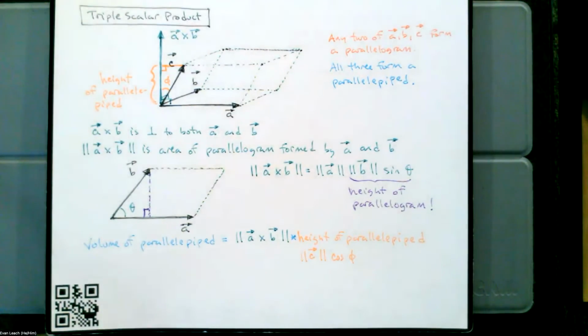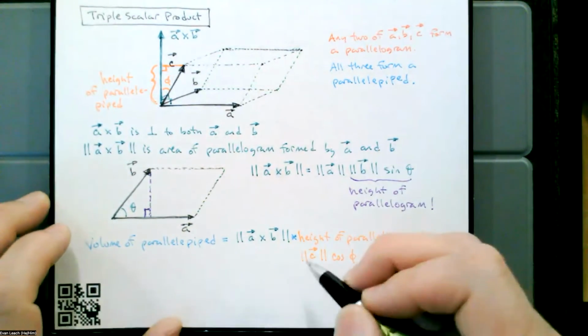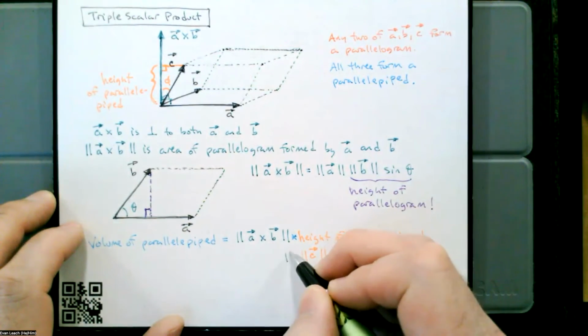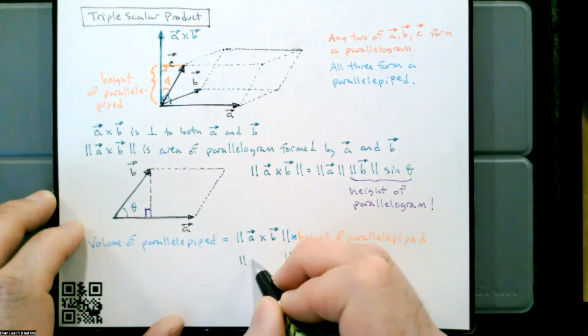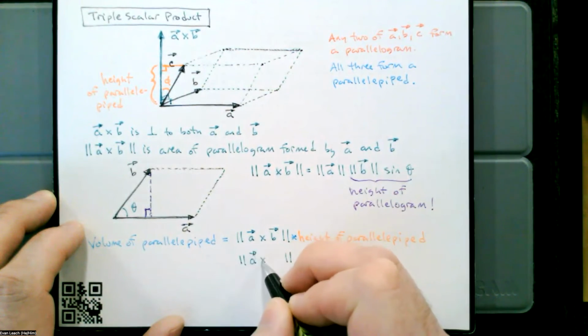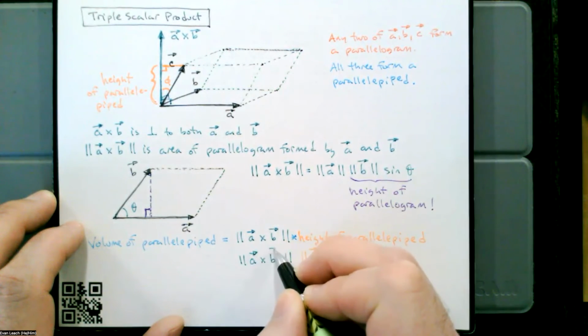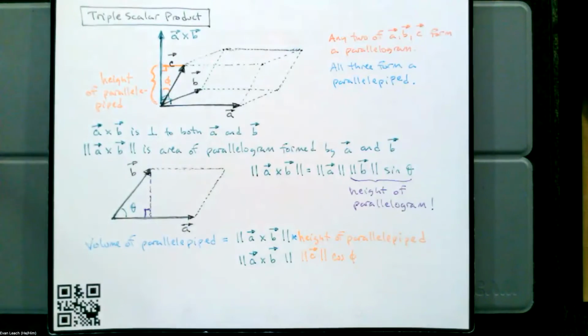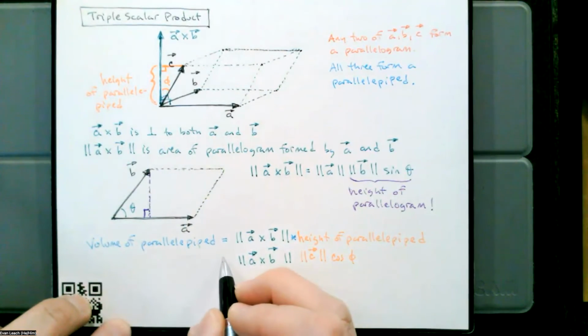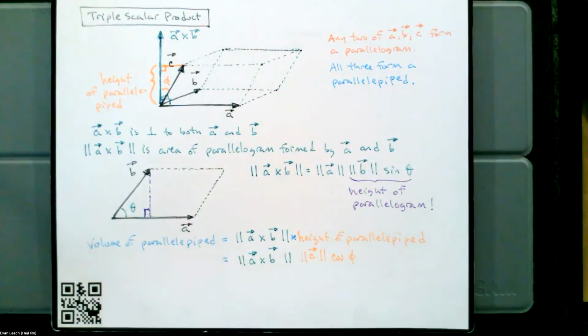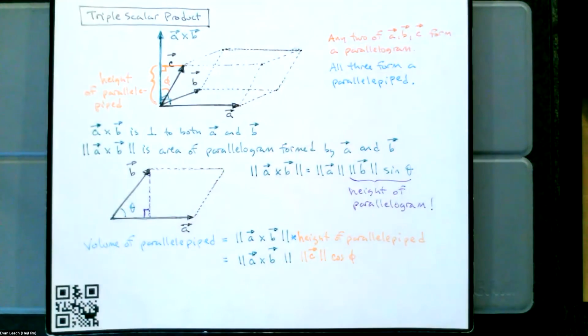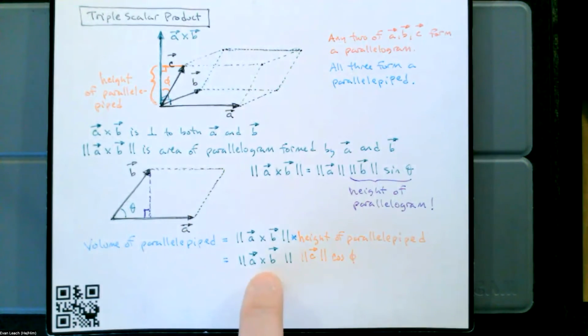And this is being multiplied by the magnitude of our cross product A cross B. So the volume of the parallelepiped is the magnitude of A cross B times the magnitude of C times the cosine of the angle between C and A cross B, otherwise known as the dot product of A cross B and C.